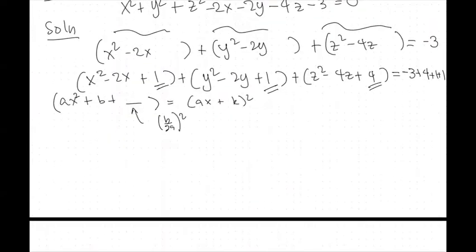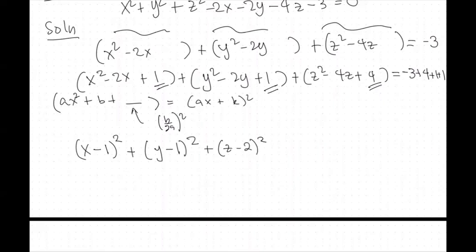We get (x minus 1) squared plus (y minus 1) squared plus (z minus 2) squared is equal to negative 3, plus 4, 5, 6, so it's just 3.